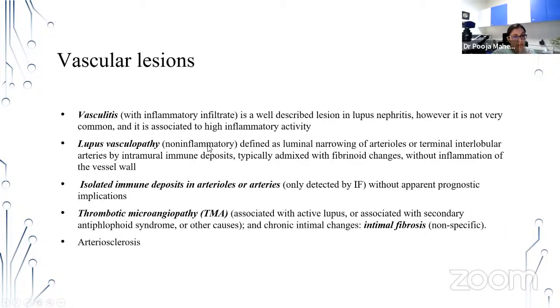There should not be many lymphocytes or inflammatory cells, and it is defined as luminal narrowing of arterioles or terminal arteries by intramural immune deposits that are typically admixed with fibrinoid changes. What is isolated immune deposit? There are no apparent prognostic implications, only detected by IF. What is TMA? When there are no immune deposits by DIF, but there is necrosis or RBC fragmentation or thrombotic occlusion, and then arteriosclerosis.